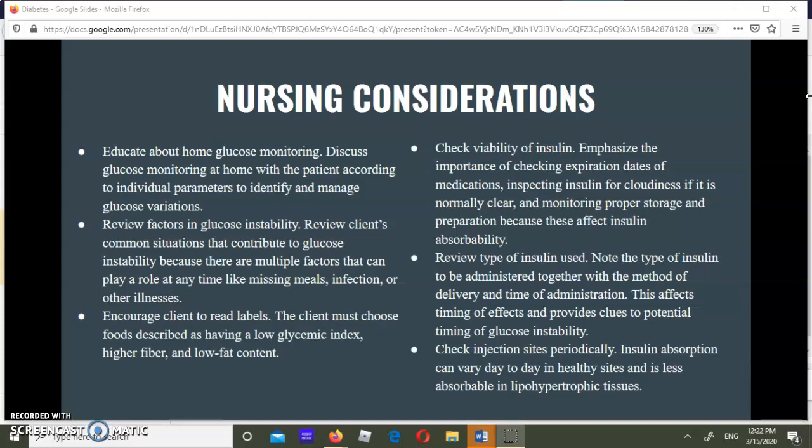Check injection sites periodically. Insulin absorption can vary day to day in healthy sites and is less absorbable in unhealthy ones. The sites have to be checked periodically because there are probably around 5 injections a day, as many times as the person is eating, plus the long-acting insulin.